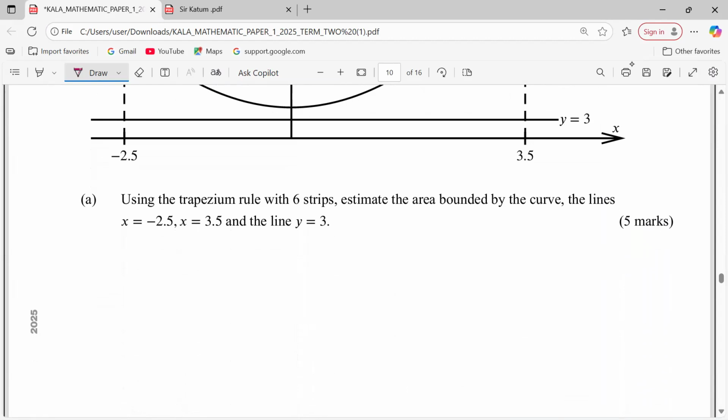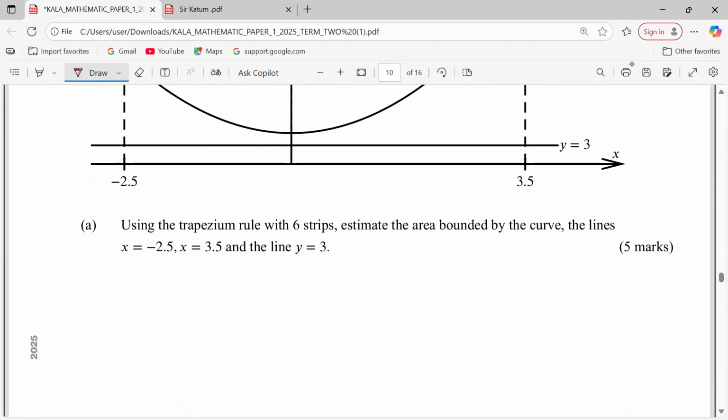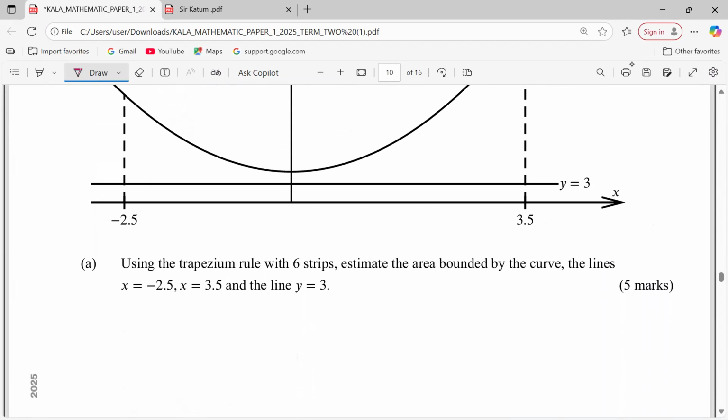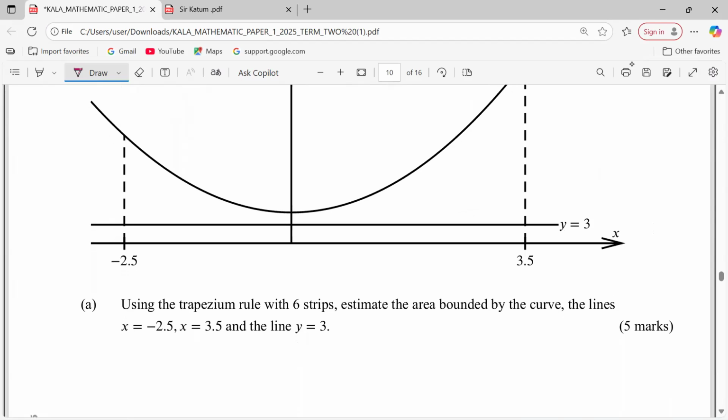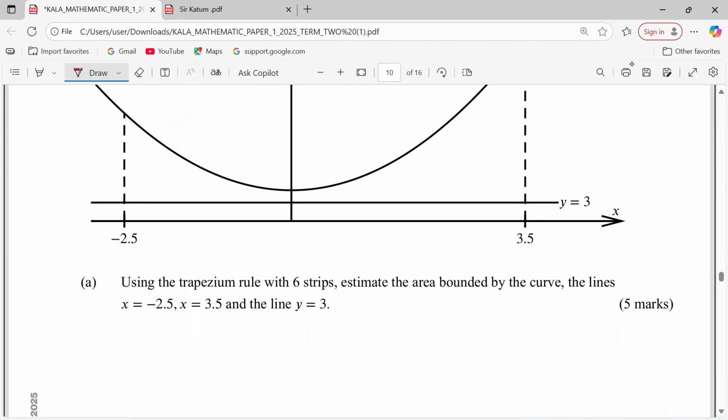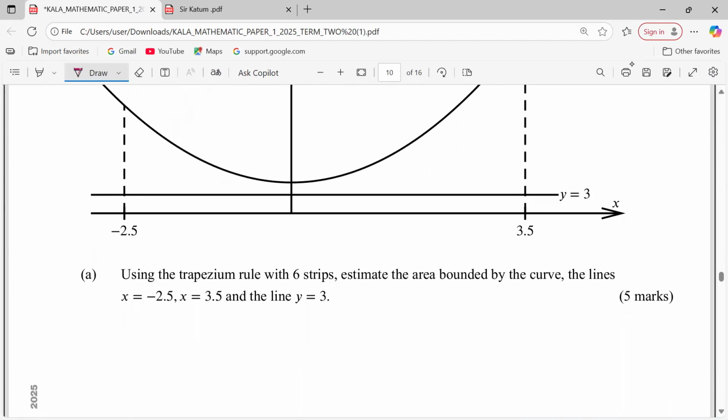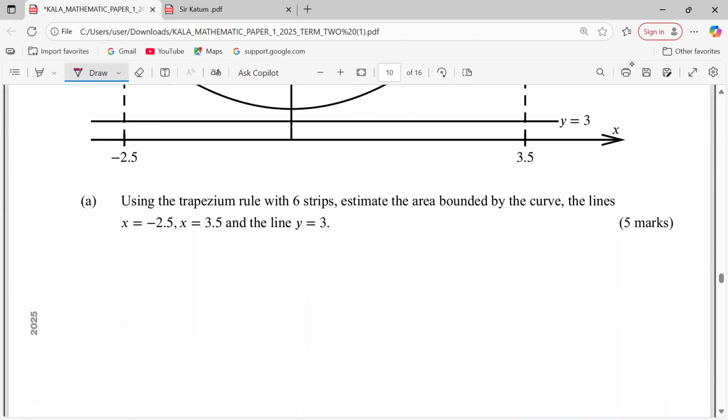We are first of all going to establish the intervals that we're going to use in this particular case. We want to ensure that we come up with 6 strips.